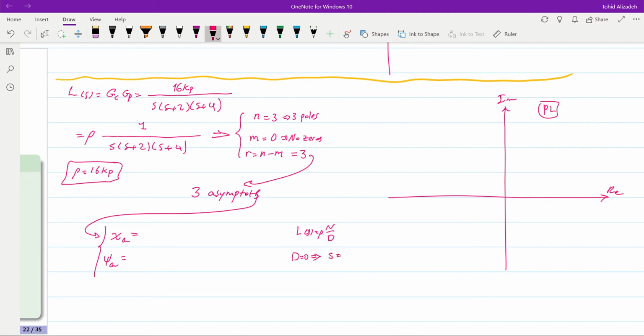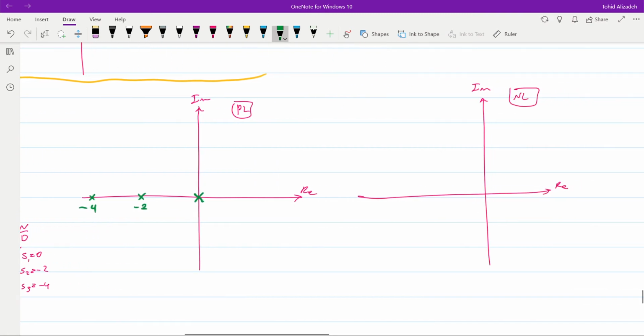We will have S1 at the origin, S2 at -2, and S3 at -4. And there are no zeros for the system, therefore we will have 3 poles at the origin, at -2, and at -4. So we do it for both negative locus and positive locus.